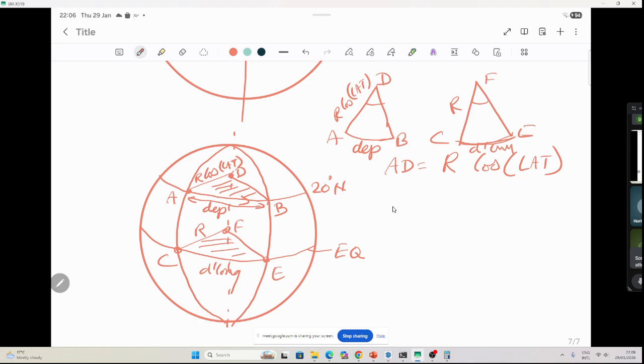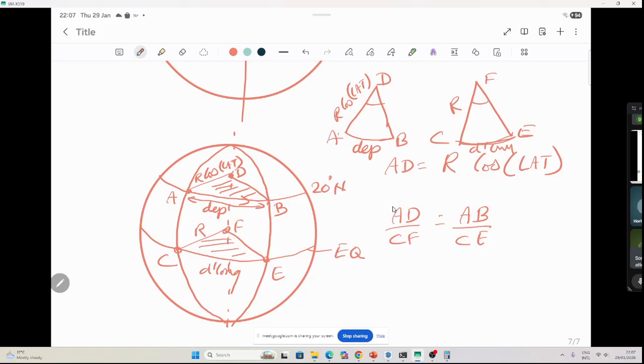Okay. CF. AD divided by CF is equals to AB divided by CE. From mathematics you know that. Similar cords. AD divided by CF is equals to AB divided by CE.